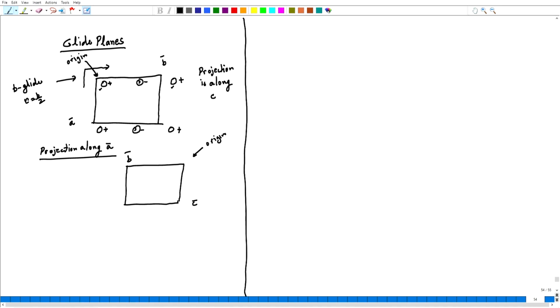We still have the same B glide. Now, where is this glide now, because the glide orientation has also changed? Well, glide is in the AB plane. So, I have A coming out. So, glide still remains in the AB plane, which means that the AB plane is perpendicular to this figure, perpendicular to BC, and therefore, the glide plane itself is perpendicular to BC, and the glide plane is parallel to AB.